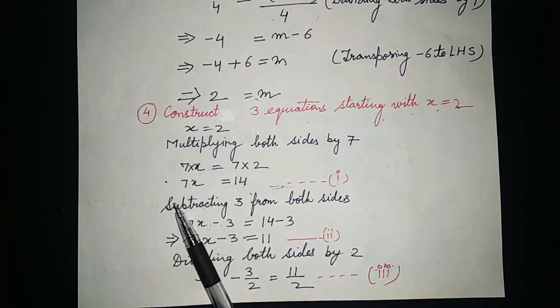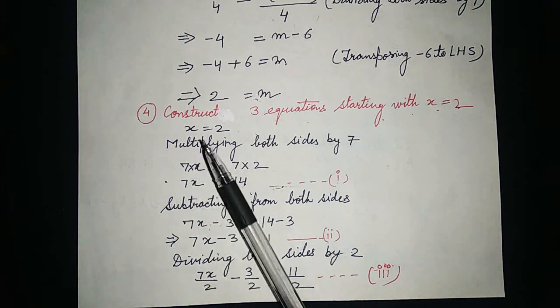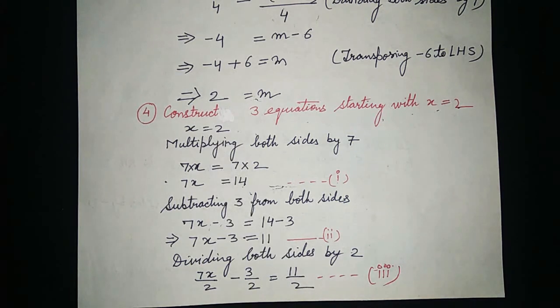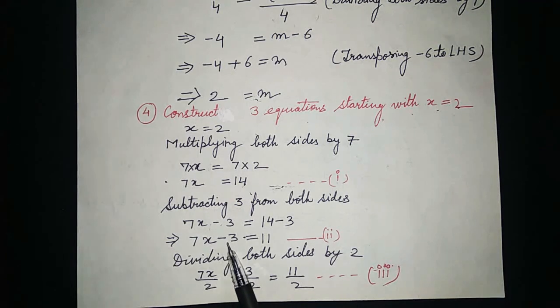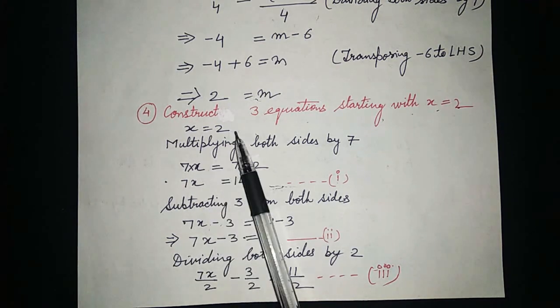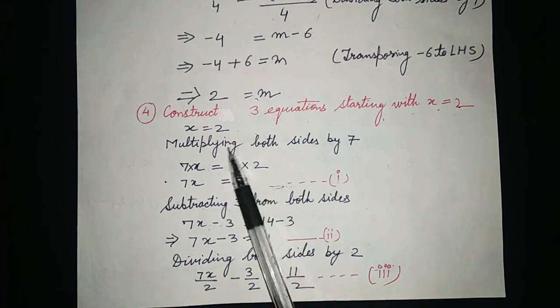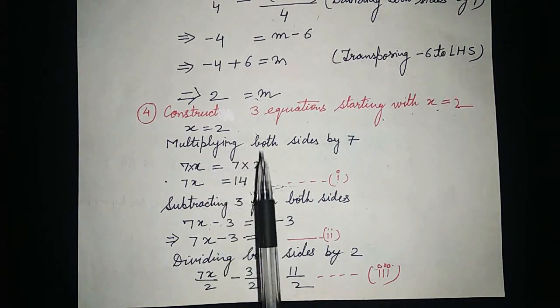Okay. Now we will make the third equation from x is equal to 2. Here we can use this equation, which we have also got from x is equal to 2. So for the third equation, what can we do?